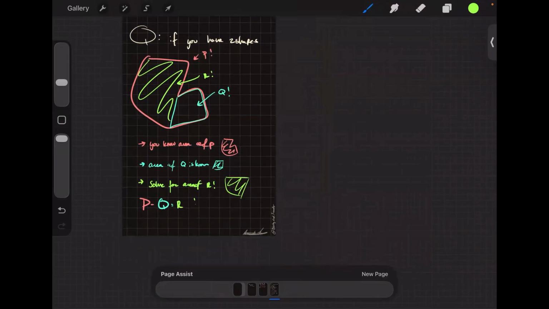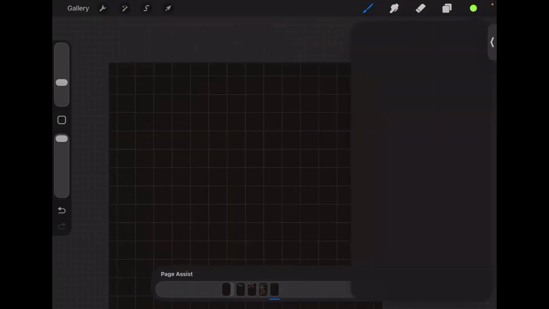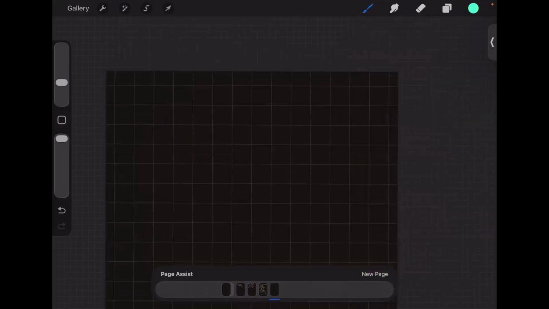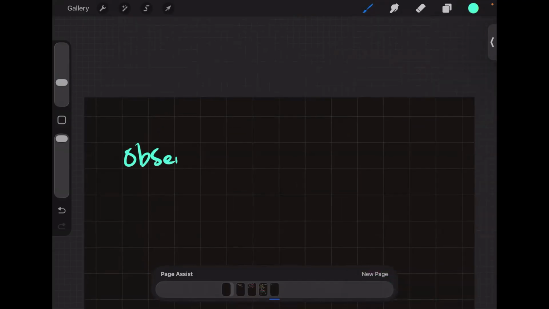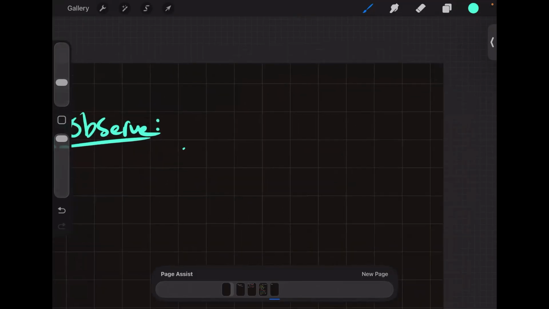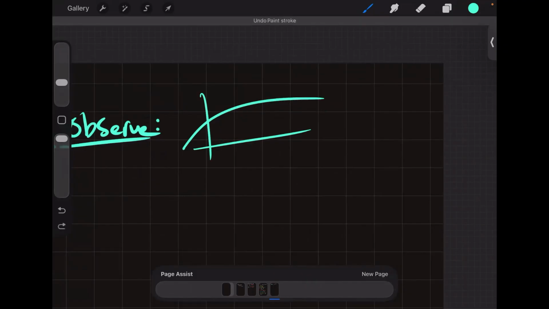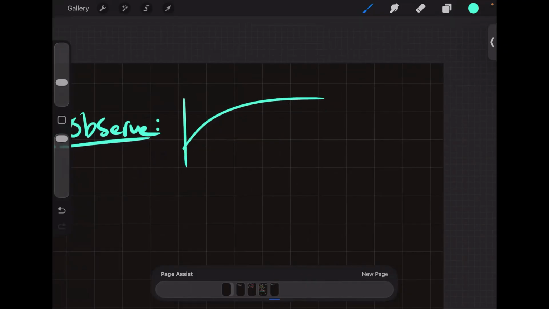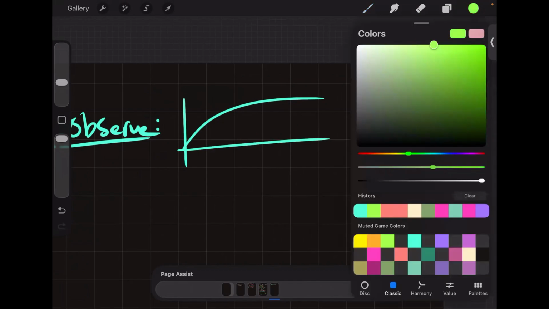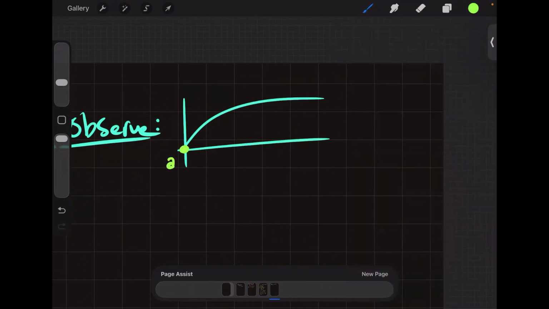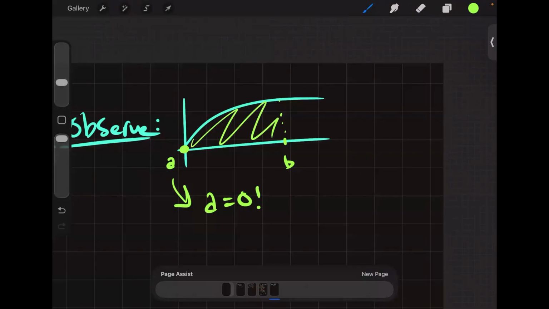Okay. And so if you notice, up until this point, when we're talking integrals and areas under curves and so on, if you notice, from A to C or whatever we call it, or A to B if you really want, we almost always call A equals 0, right?